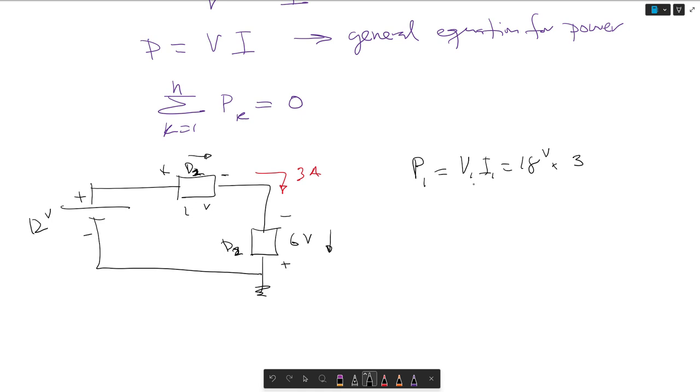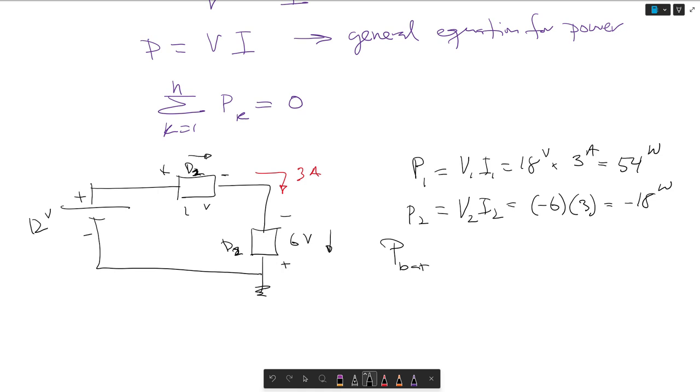So P1 is equal to V1I1, which is 18 volts times 3 amps, which is 54 watts. And P2 is going to equate to V2I2, which is -6 times 3 amps. I'm not going to write the units all the time, but we should know that they're there.